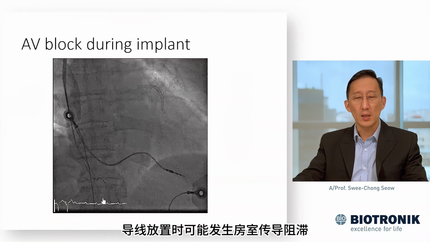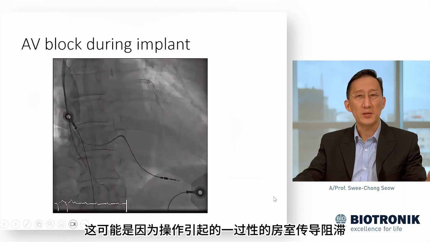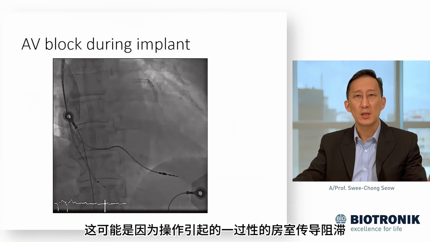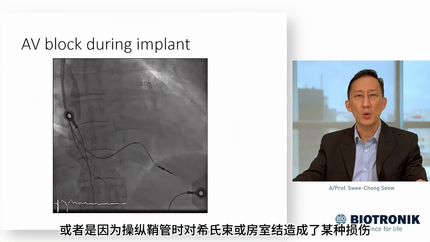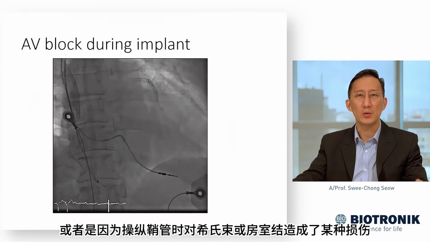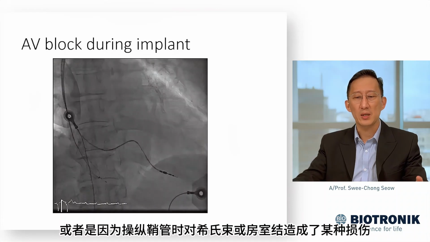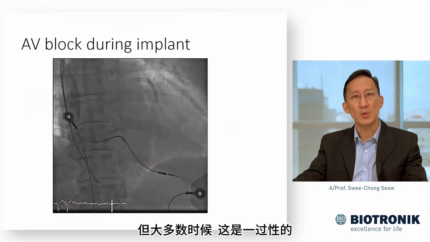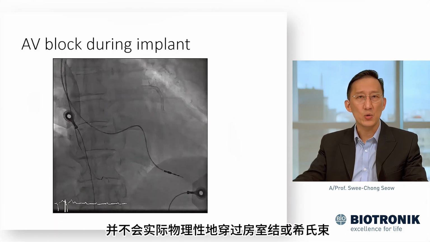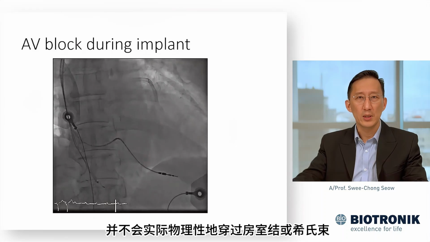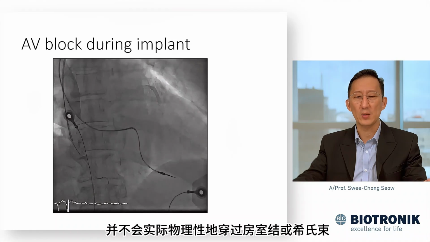AV block can also occur during lead implantation, either transiently because of manipulation, or if you happen to cause some sort of injury to the His bundle or AV node while manipulating the sheath. But most of the time, this is temporary because you are not actually physically putting an instrument or a lead through the AV node or His bundle when you perform left bundle branch pacing.